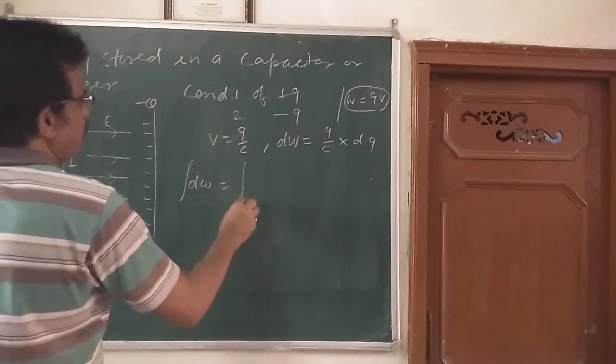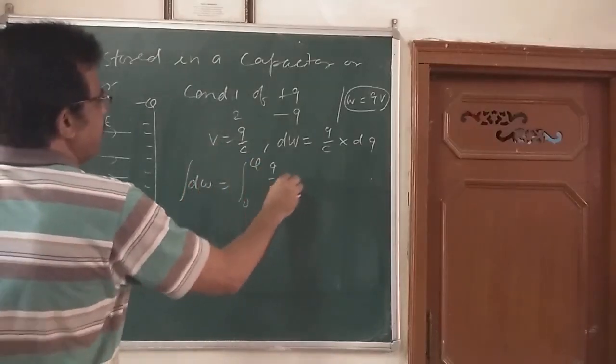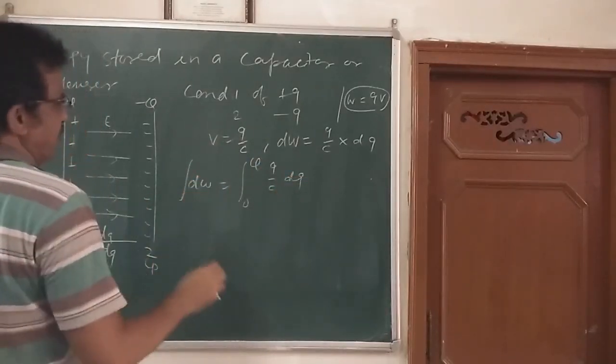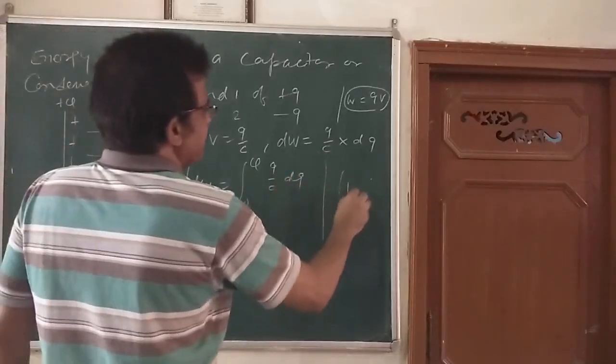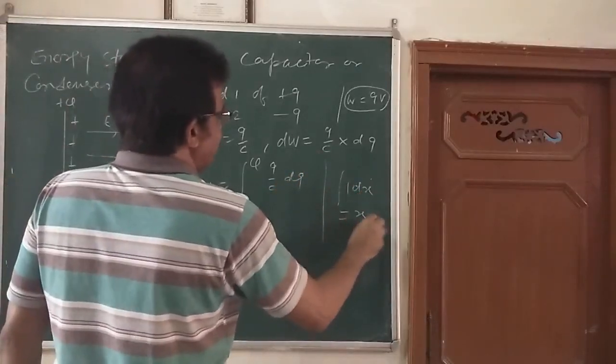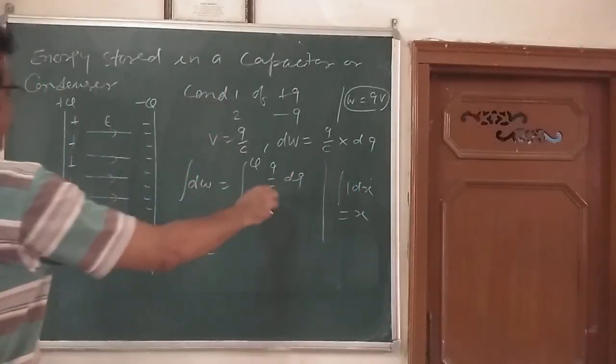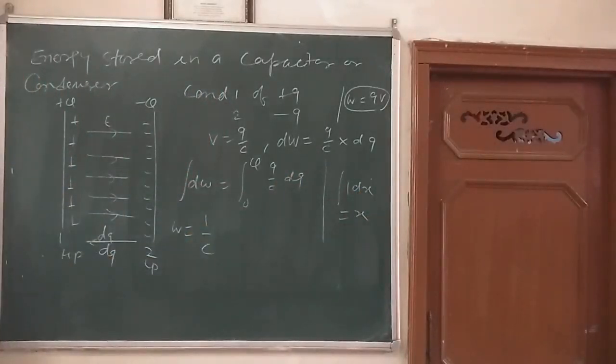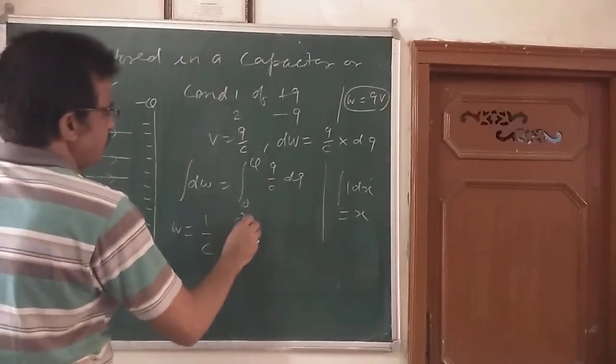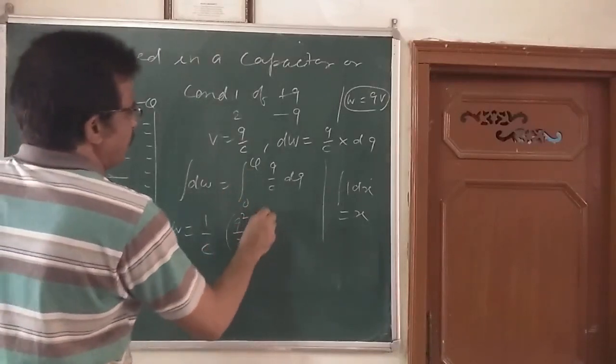Integration from 0 to Q, q by C dq. The integration of 1 dx we know very well is x. So here I can write W, 1 by C may be taken out, integration of q is q square by 2, with the limit 0 to Q.